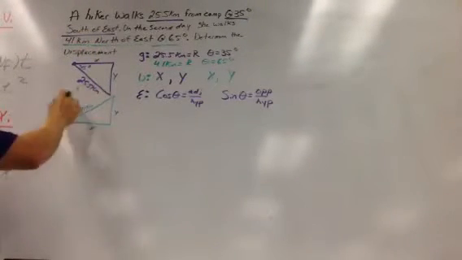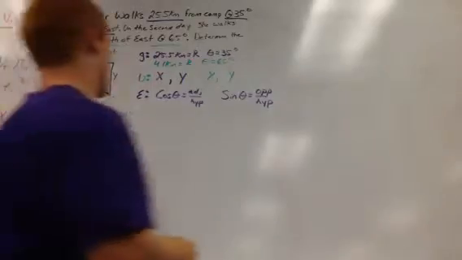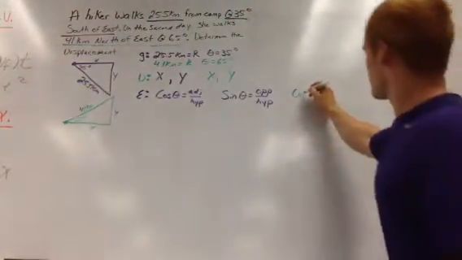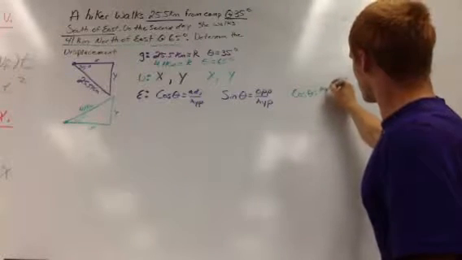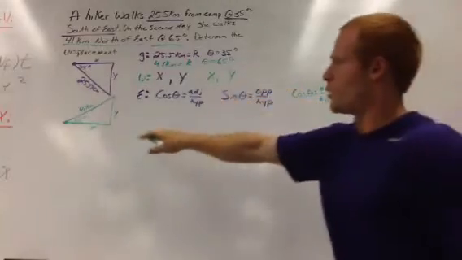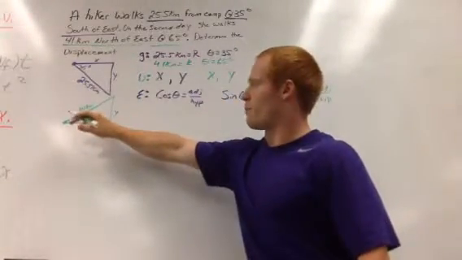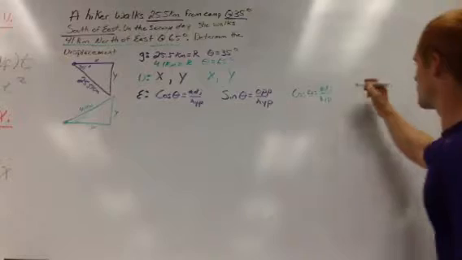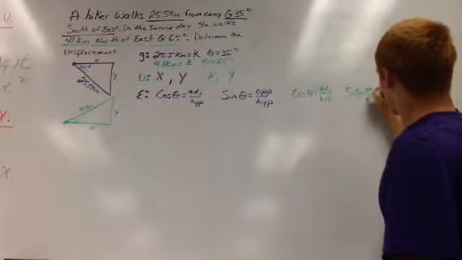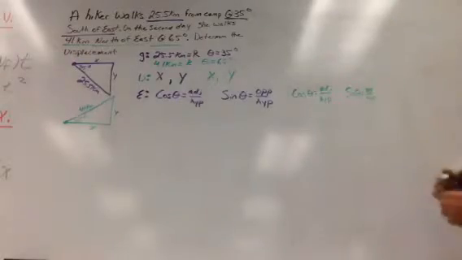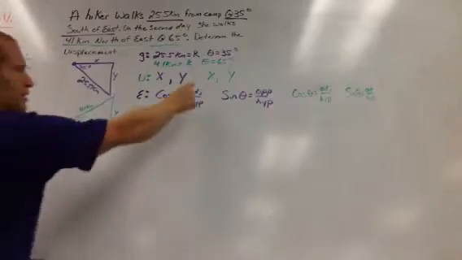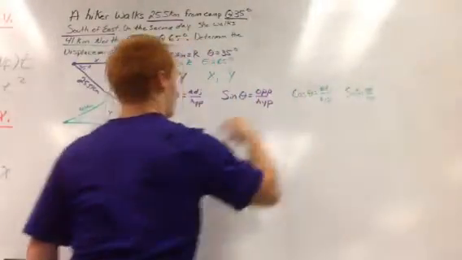Triangle 2, hypotenuse, theta, solving for adjacent. So we're going to use cosine again. And then for y, we have resultant or hypotenuse, theta, solving for opposite, so we use sine again. Now to rearrange, we're trying to solve for the adjacent and the opposites in each one of these.